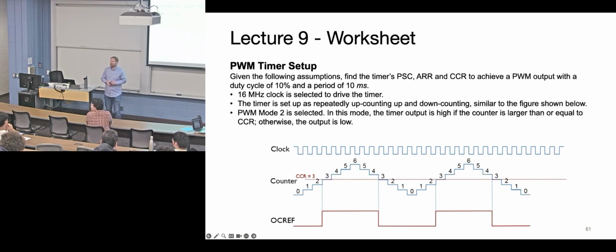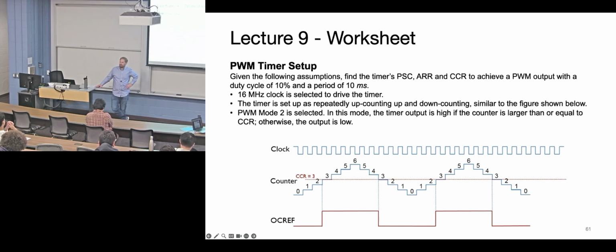Let's start that way. Well, you kind of have to decide what's going to give you the number of increments in that 10 millisecond period that you want, and you can do that with a different combination of prescalers and ARR. So I figured if we want a duty cycle of 10%, we want something where our clock can hit that on 0.1 of our total count. So I wanted a clock of 10 kilohertz.